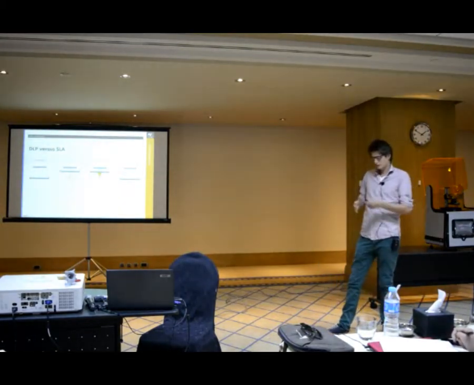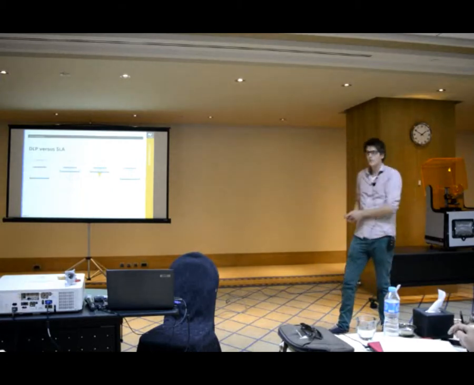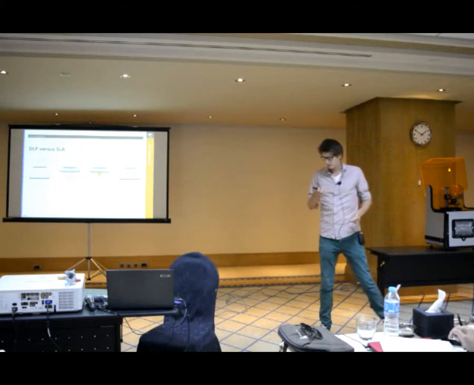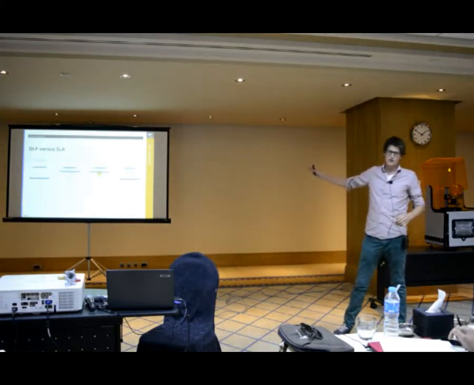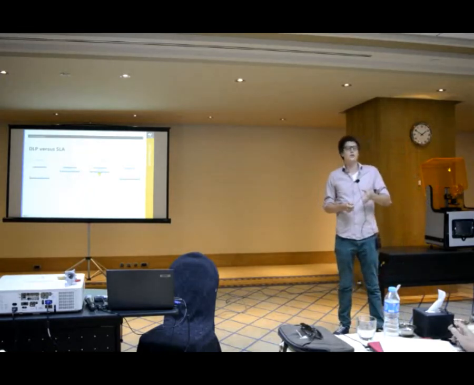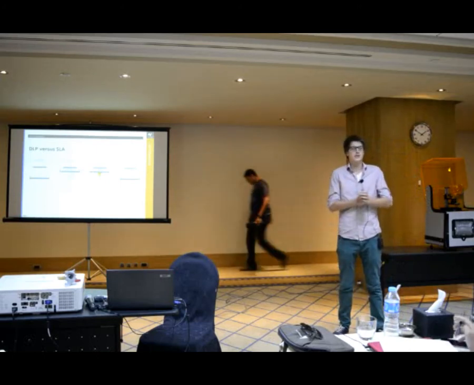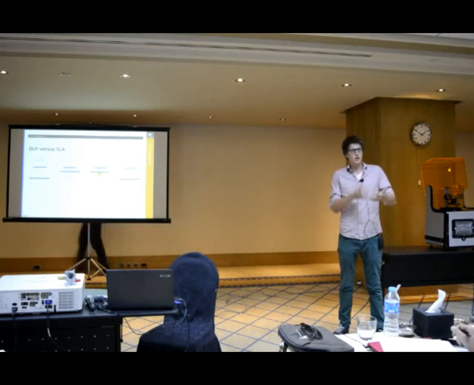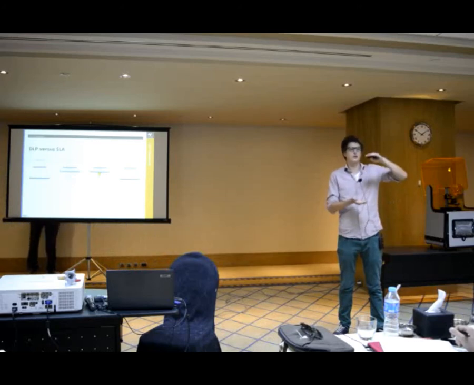On the outer two sides, we have the similarities between the SLA and the DLP, which is they both use a resin and they both are based on photopolymerization. And also, what they have in common is that they make a 3D object by stacking 2D layers on top of each other.